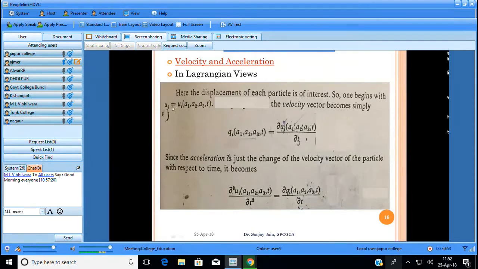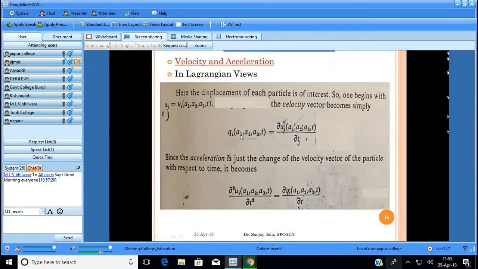Let displacement ui be some function, because we are talking of the Lagrangian viewpoint, in terms of the initial coordinate system displacement vector. And what is velocity? The first derivative of displacement with respect to time, that is del ui over del t. That is velocity, and in continuum mechanics we denote velocity by qi.